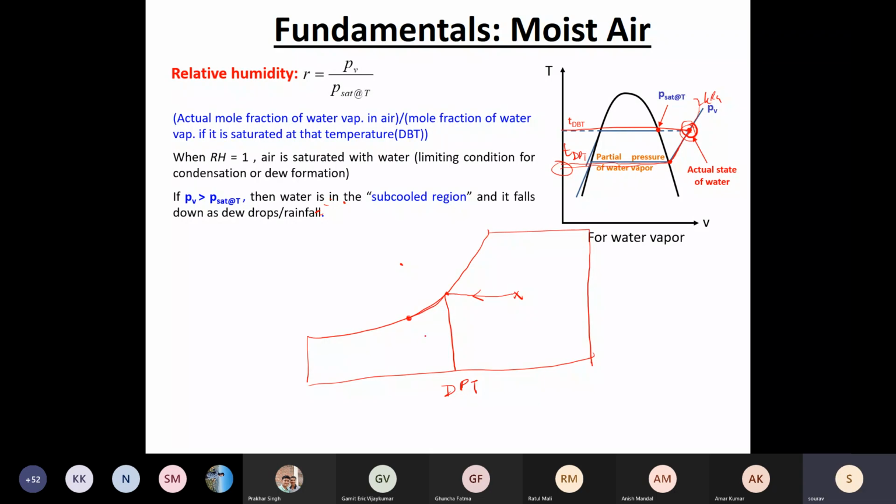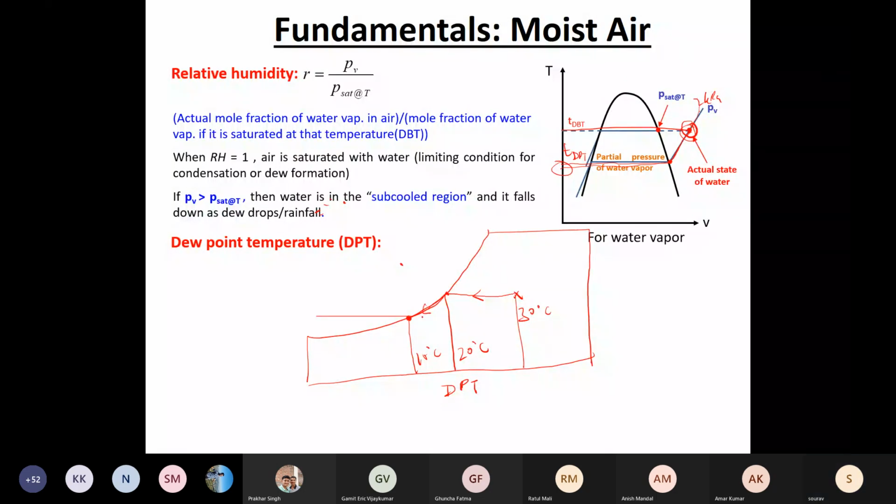Let's say I cool it further. Let's say this was 30 degrees. 2 kPa means the dew point temperature will be 20 degrees. Let's say I cool it to 10 degrees. So theoretically I can reach this condition. How much liquid water would have condensed? It is just the difference between the initial omega, this was the initial omega, and this is the final omega.